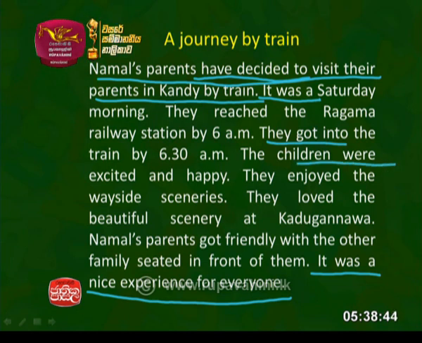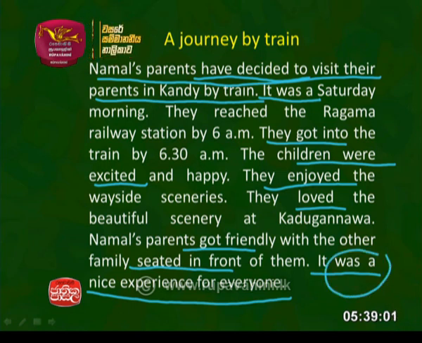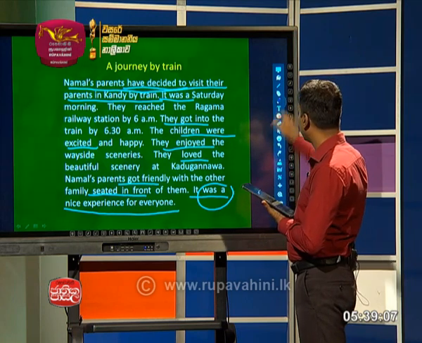Yes, they were excited, they enjoyed, loved, and parents got friendly, family seated in front of them. It was, right. මේ was verb පාවිච්චි කරලා තියෙනවා situations, වෙච්ච සිදුවීම් විස්තර කරන්න අවස්ථාවන්. ඒත් එකම කරපු ක්‍රියාවන් කෙලින්ම past tense වලට හරවලා කරලා තියෙනවා.